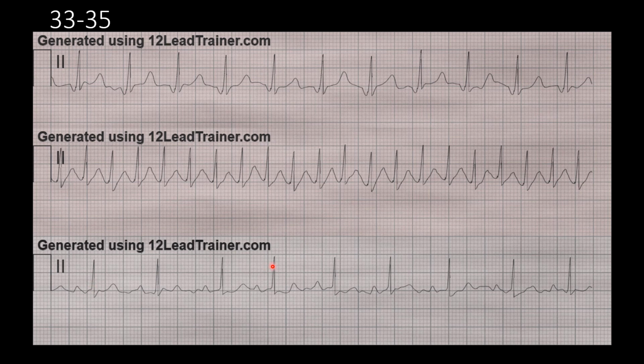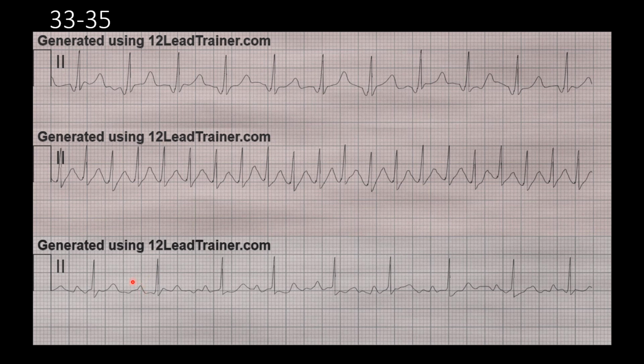This one down here, it looks a little irregular. It's right there. That's pretty short compared to this one or this one. Our rate is about 90. P waves, I would honestly say that there are no P waves.